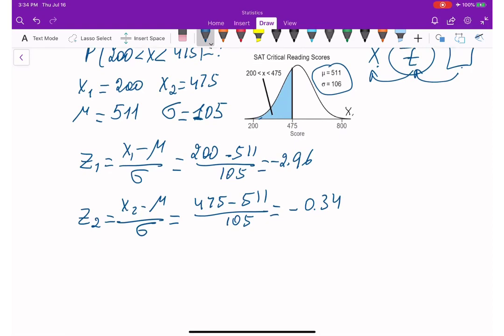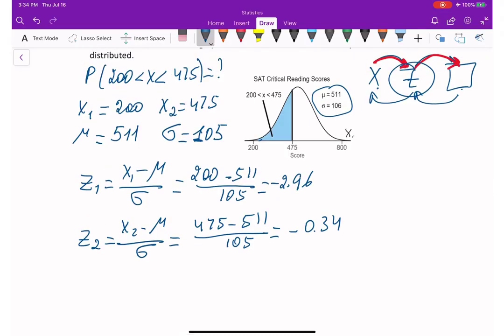Now let's find the probability. So the shaded area is going to be probability of z-score 2, that is z-score less than or equal to negative 0.34, minus probability of z-score 1 less than or equal to negative 2.96.